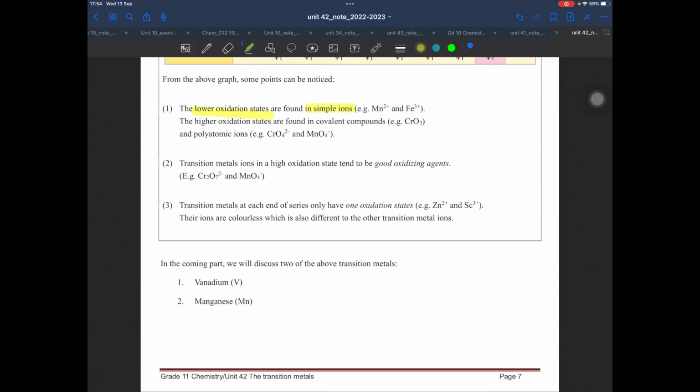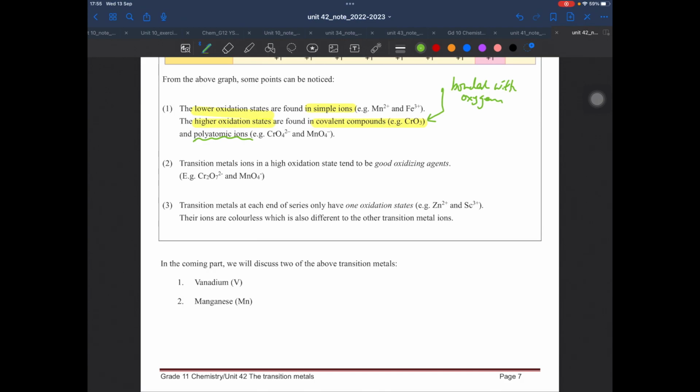They are found as simple ions. That is, only a metal atom becomes a metal ion. That's it. Nothing more. But for those with higher oxidation state, they are formed in covalent compounds. Well, maybe you don't understand. That means they are bonded with oxygen or a polyatomic ion.